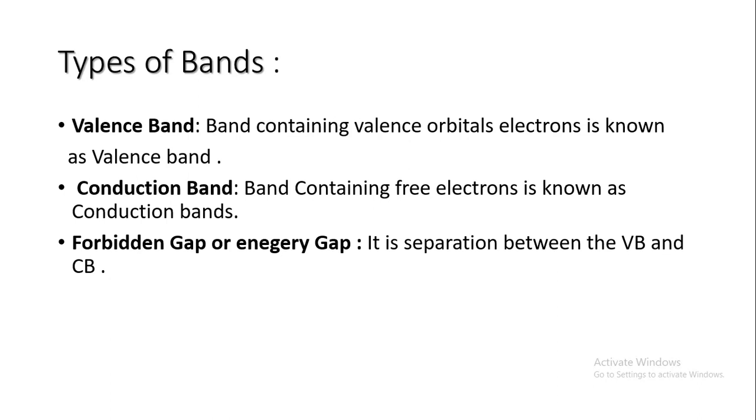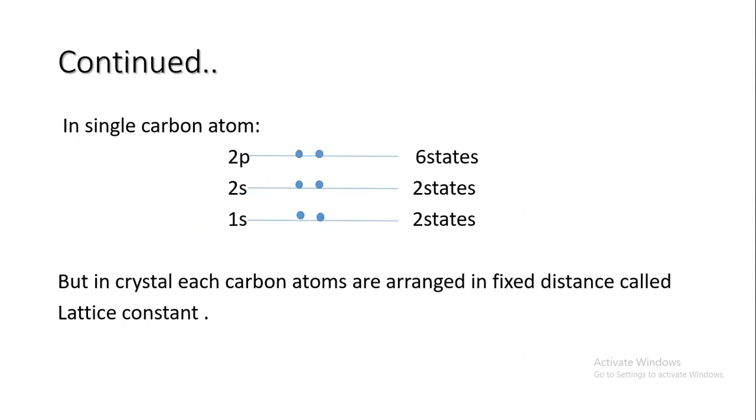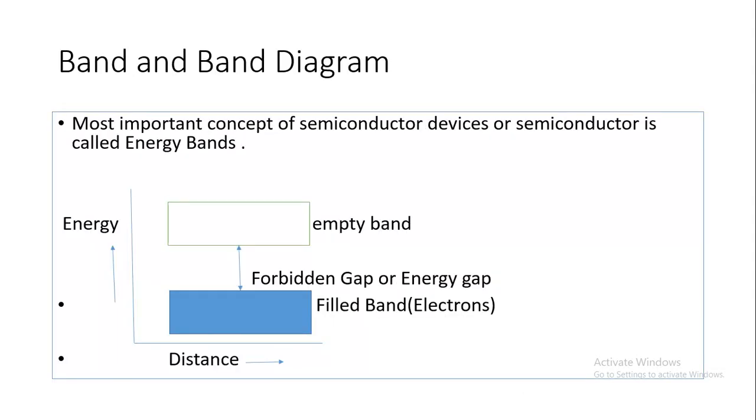In order to break that force, you need to give some energy to the electrons. Or if I talk about a band diagram, like the ones you might have seen in your book, electrons are sitting here, in the filled band.